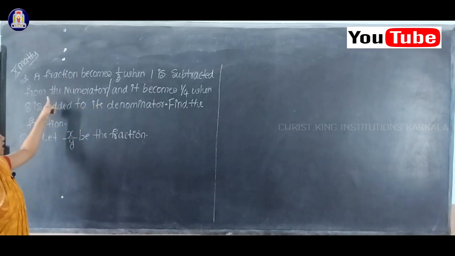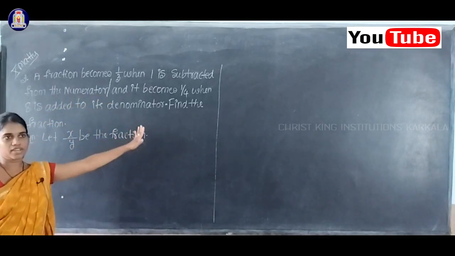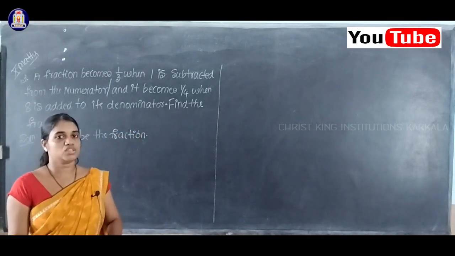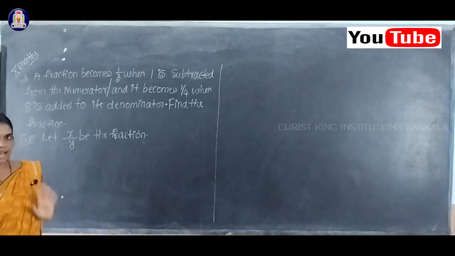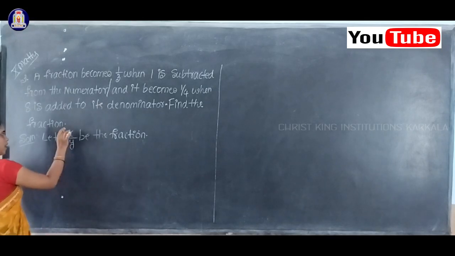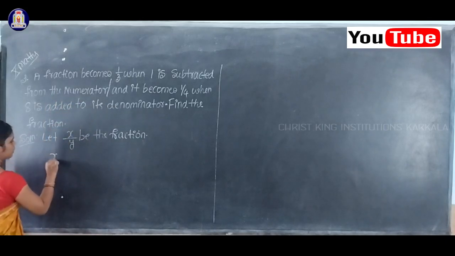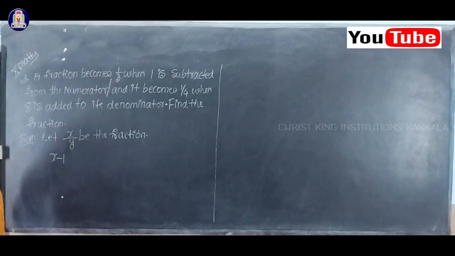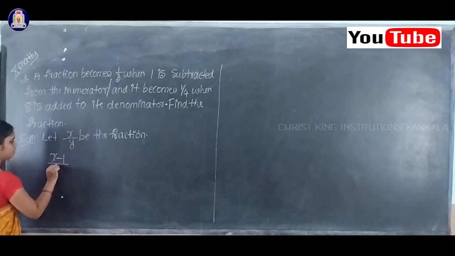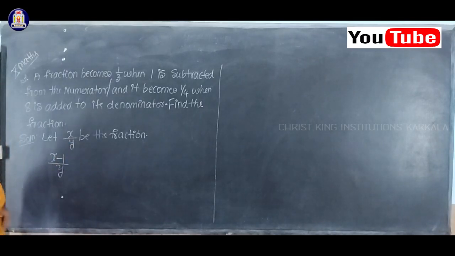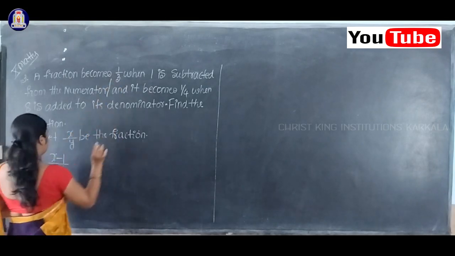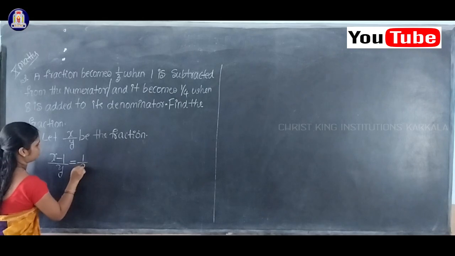Here x is the numerator, so subtracting 1 gives x minus 1. The denominator y will be as it is, and it will become 1 by 3.